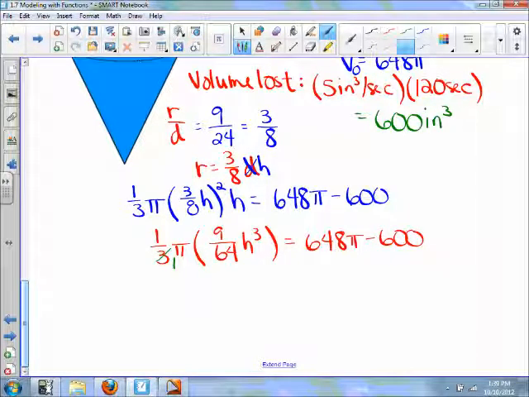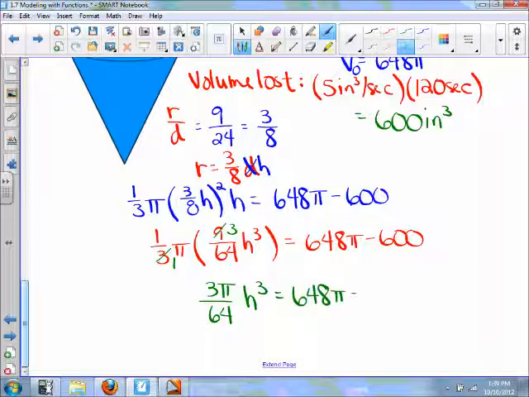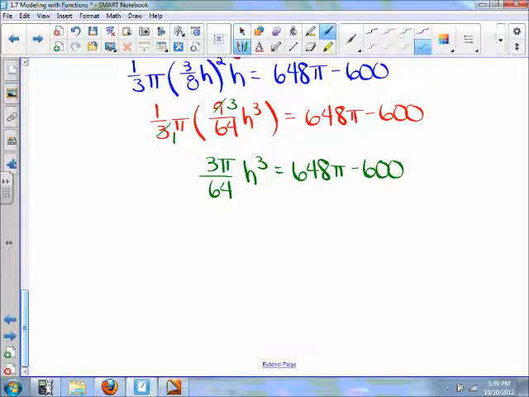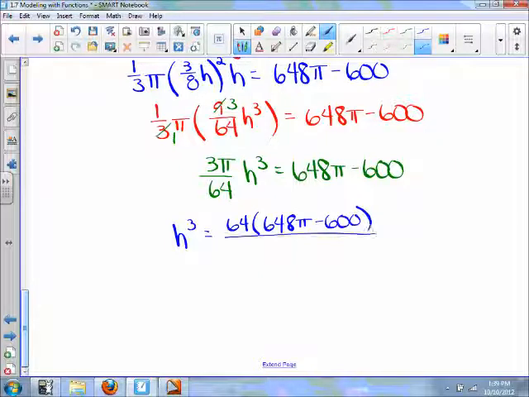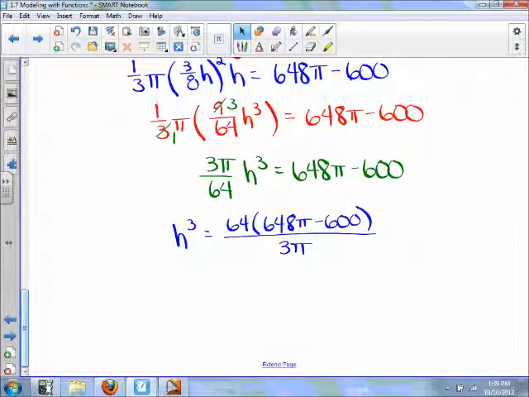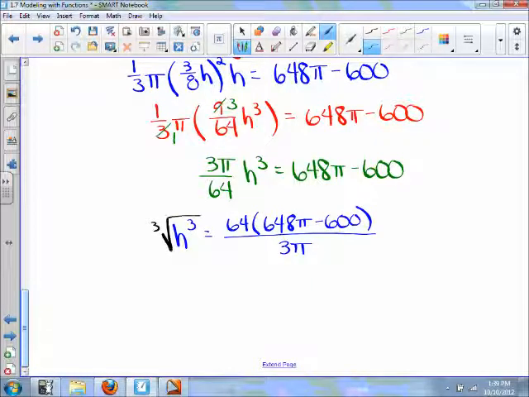Now this 3 goes here, so really we'll have 3 pi over 64 H cubed equals 648 pi minus 600, which means H cubed will equal 64 times 648 pi minus 600 over 3 pi. Again, we're going to take the cube root of all this.